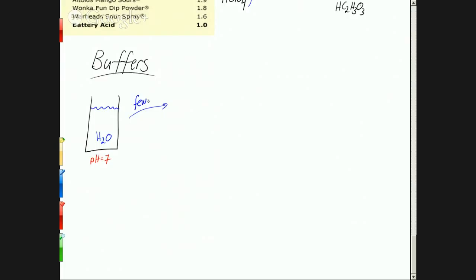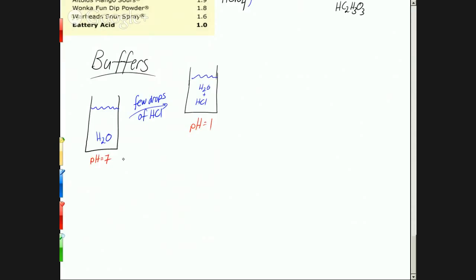Let's put in a few drops of HCl. Just a few drops. So now we've got some H2O and some HCl in there. That pH drops dramatically. Depending on how strong the HCl is and how many I mean by a few, that pH is going to drop to like 1 or 0. Fast. A couple drops and it's gone.